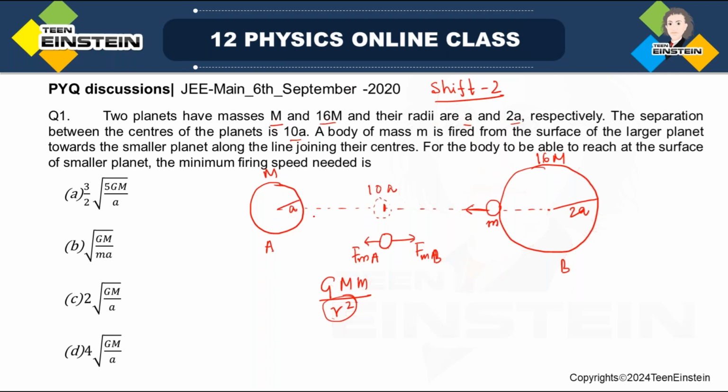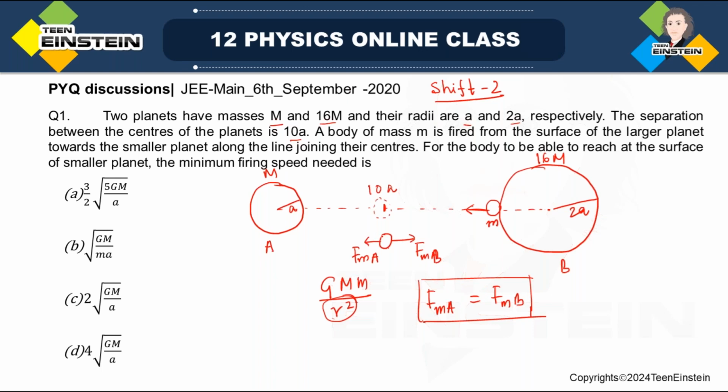So we'll see there will be a situation or there will be a distance where the force on the mass m due to A and the force on the mass m due to B, these two pulling forces, will be equal and there will be no net force at that particular point.